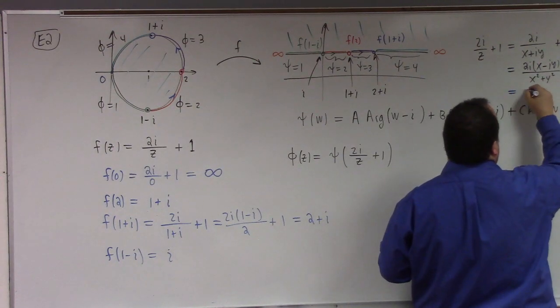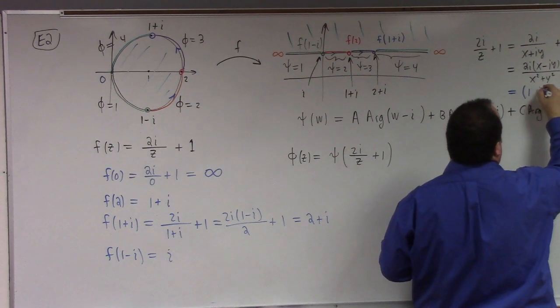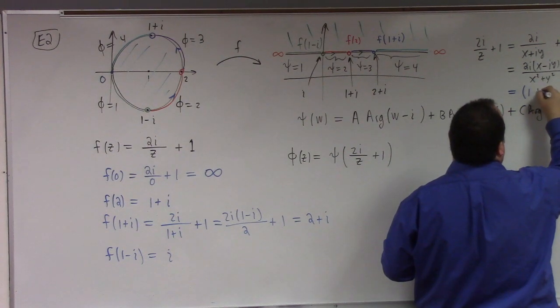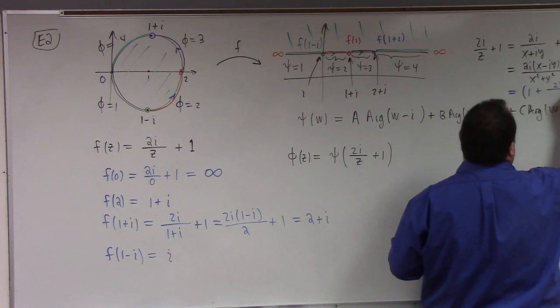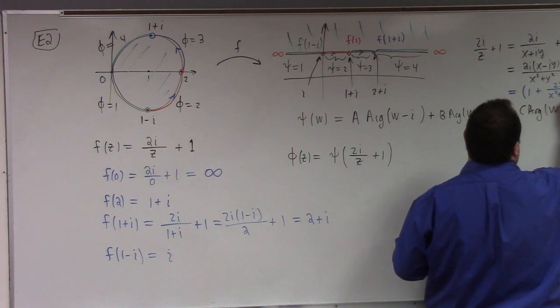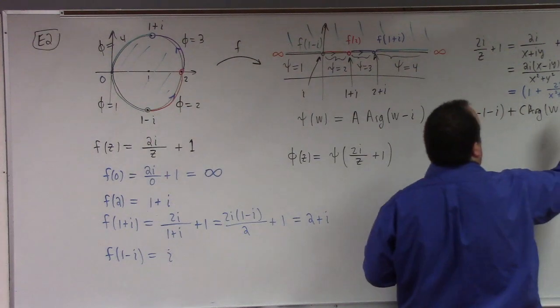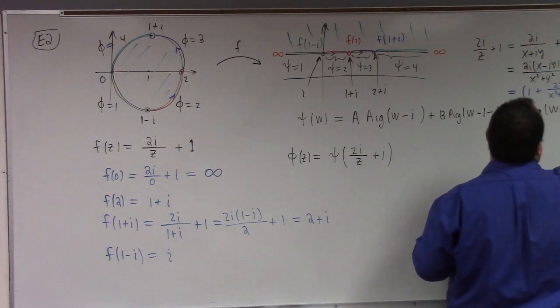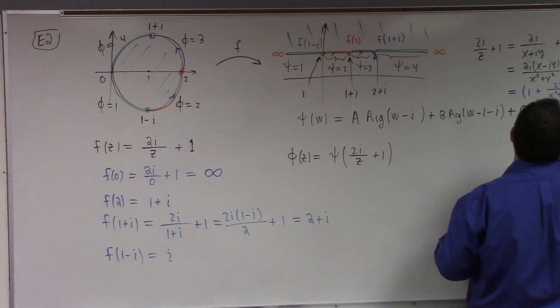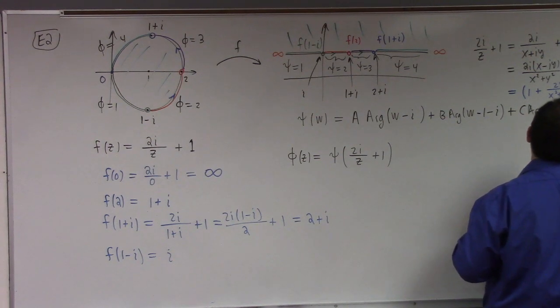We've got ourselves, I'll put some parentheses, 1 plus 2y divided by x squared plus y squared plus I times what? 2x over x squared plus y squared, right?